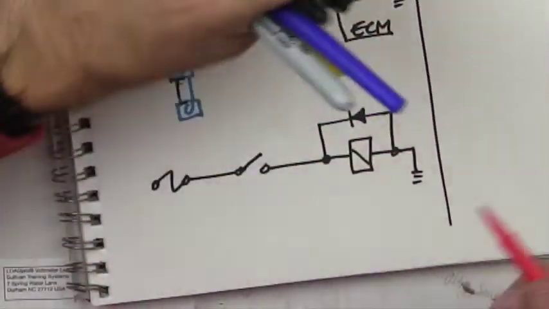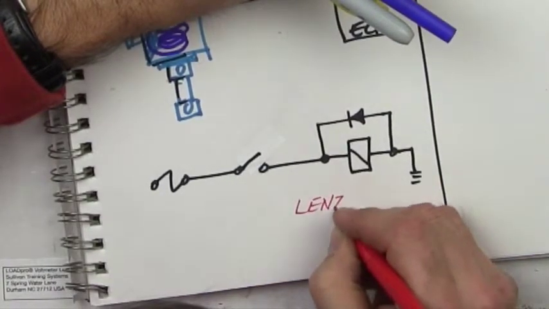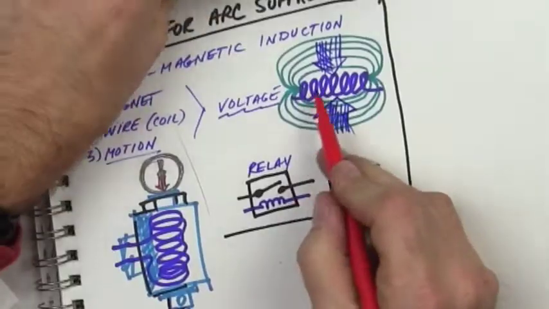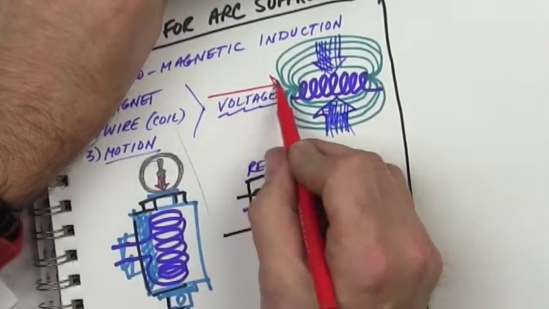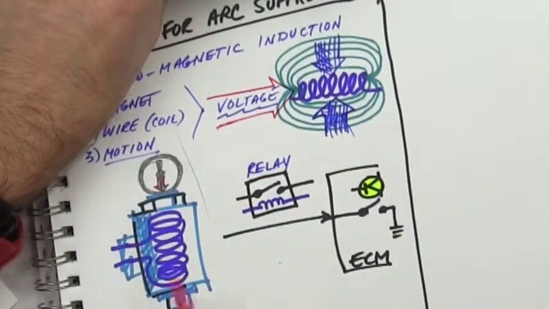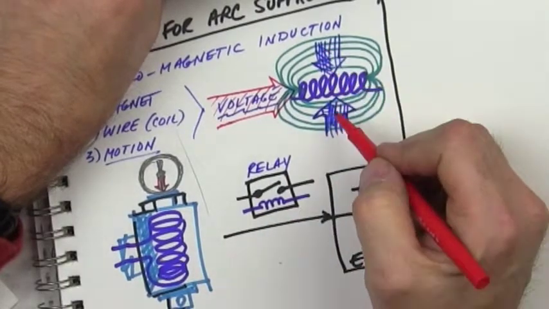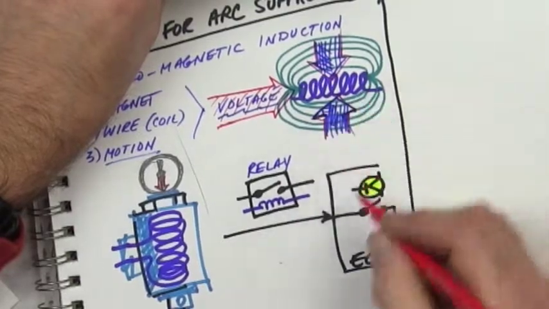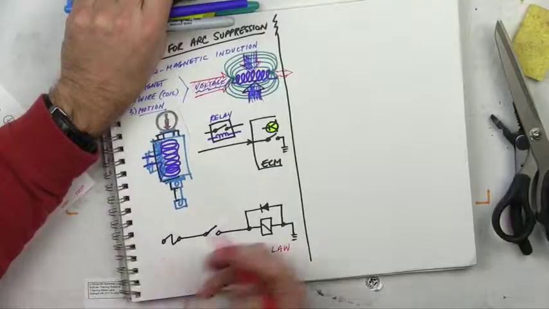There's a little thing called Lenz's law. You can remember it or not, I don't really care. But Lenz's law says that if this magnetic field here is built by current moving in this direction, for example, then when the field collapses, it will make a voltage that wants to keep current moving in the same direction, which it does.